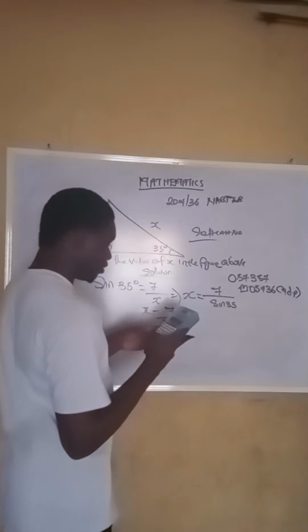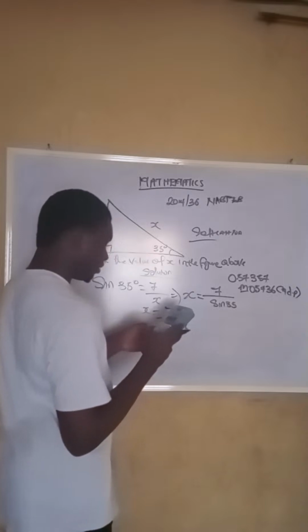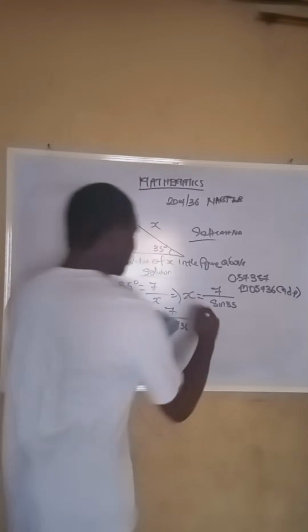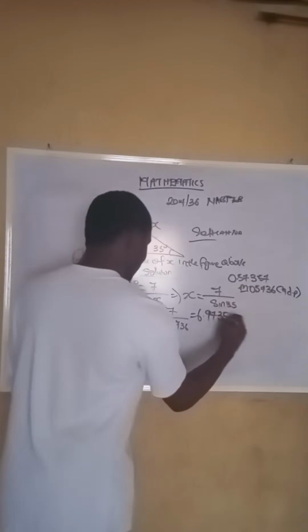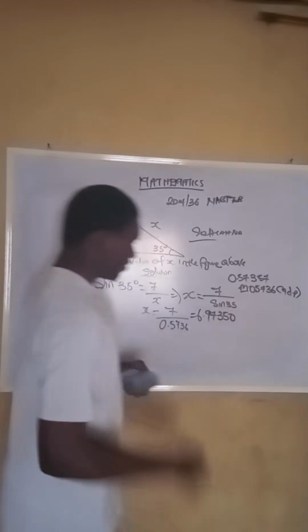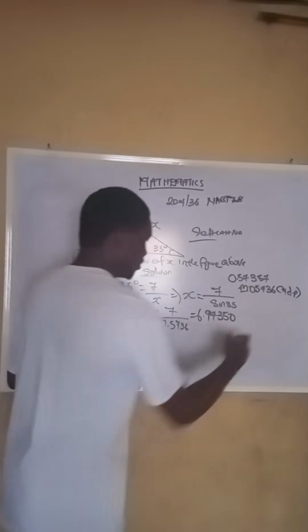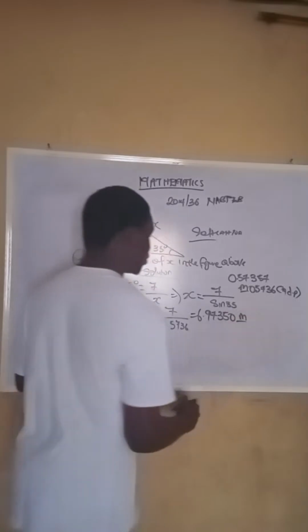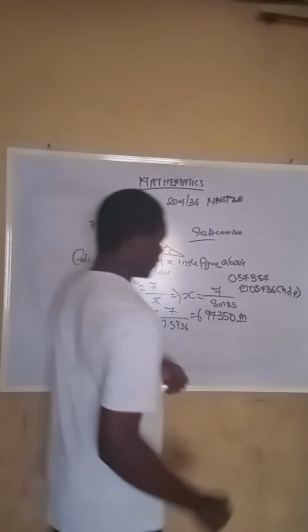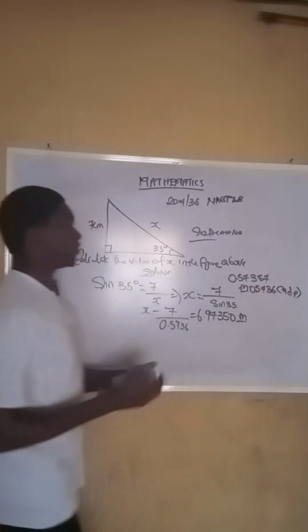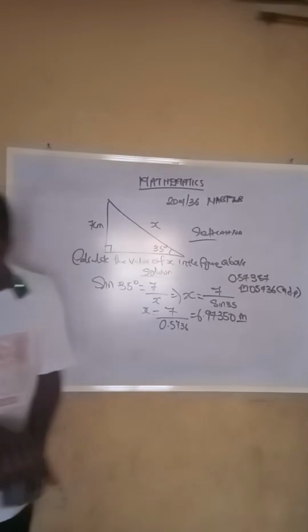Now 7 divided by 0.5736 is equal to 6.97350, approximately. Let me look at the question we have here.